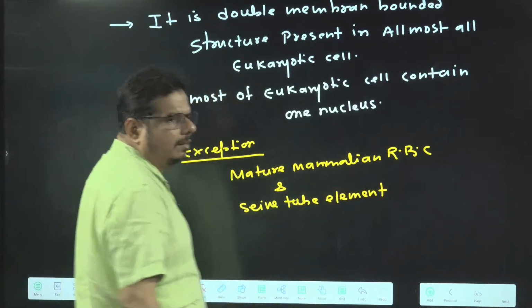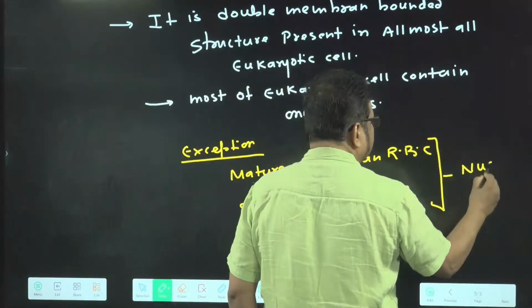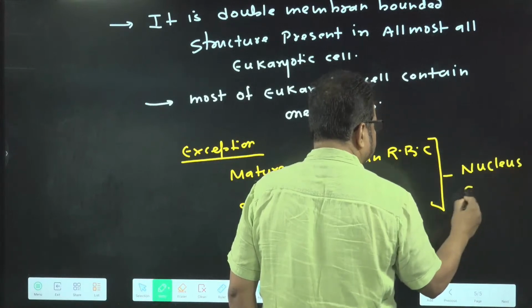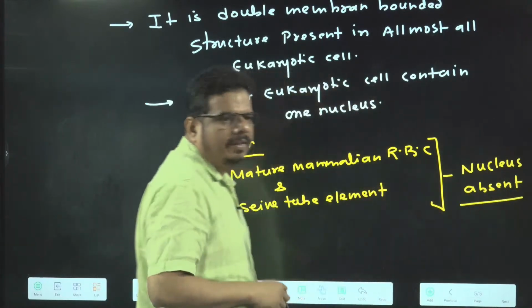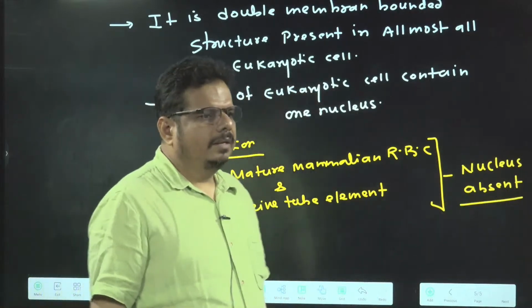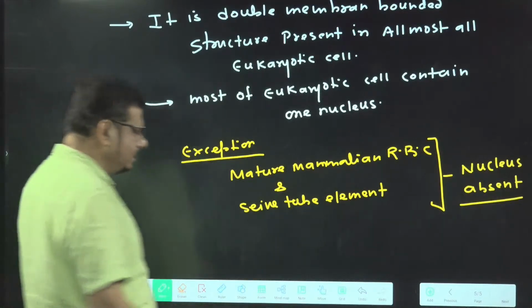Nucleus absent. In mature mammalian RBC and sieve tube element, the nucleus is absent.